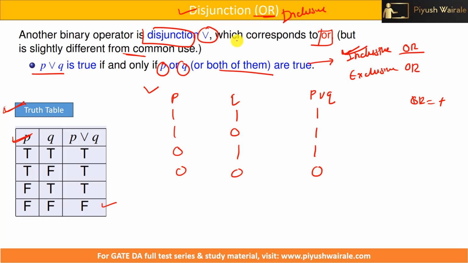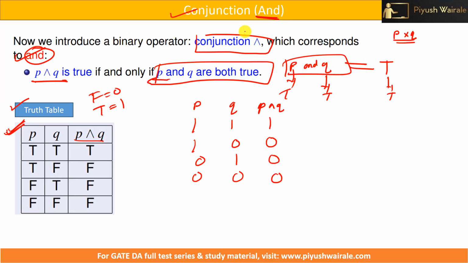But looking at the truth tables of the AND and OR operators, what can we conclude? Just look at the truth table of the AND operator, right? When either of the propositions P or Q is false, then P and Q will be false, right? If any one statement, P or Q, is false, then P and Q is a false statement, right?